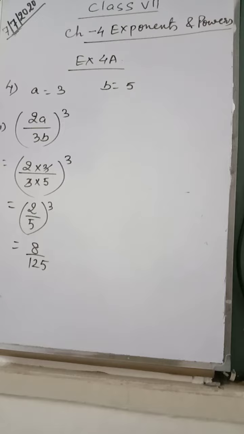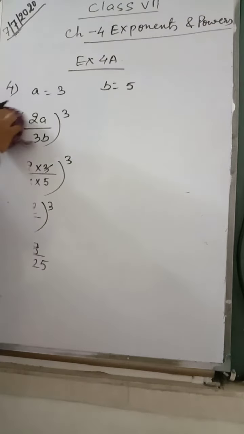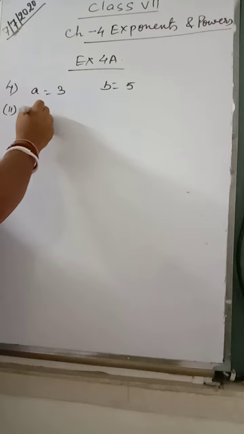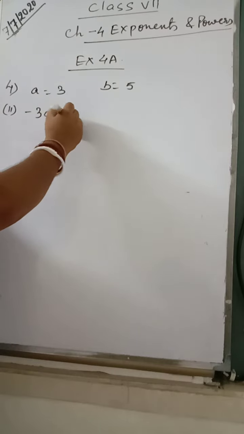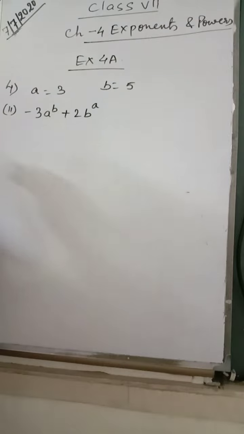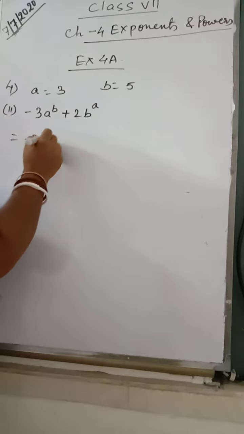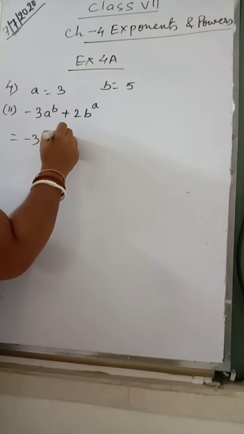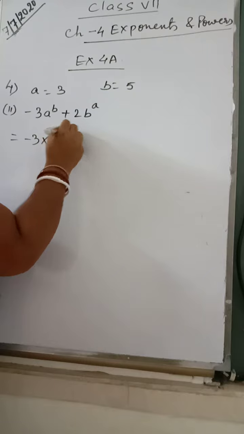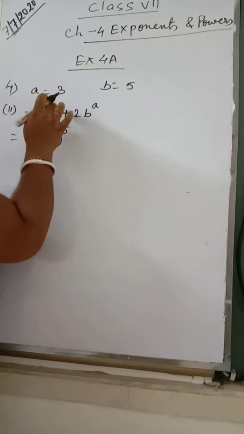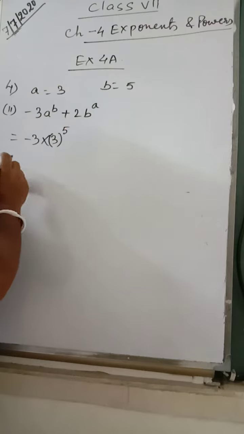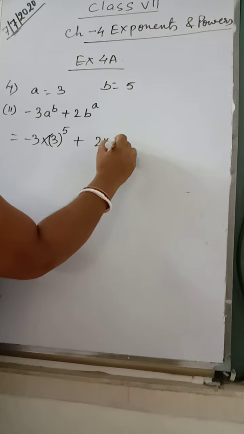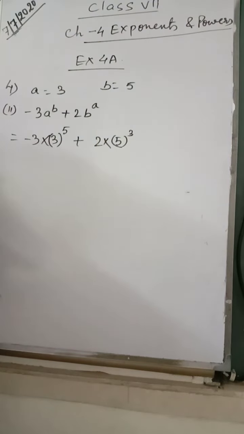Look at number 2. It is given minus 3A to the power B plus 2B to the power A. Now what does it mean? Minus 3 into A's value, which was 3, to the power B, which was 5. This is not full 3A, only A to the power B. So I have written the value of A and to the power 5. Plus 2 into B's value, 5, to the power A, which is 3.